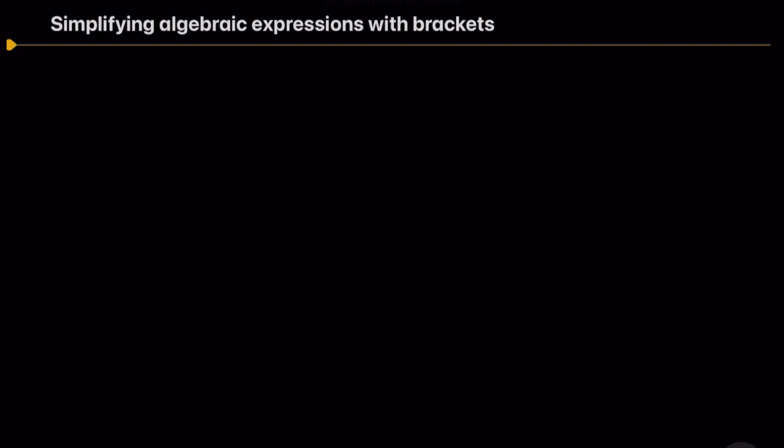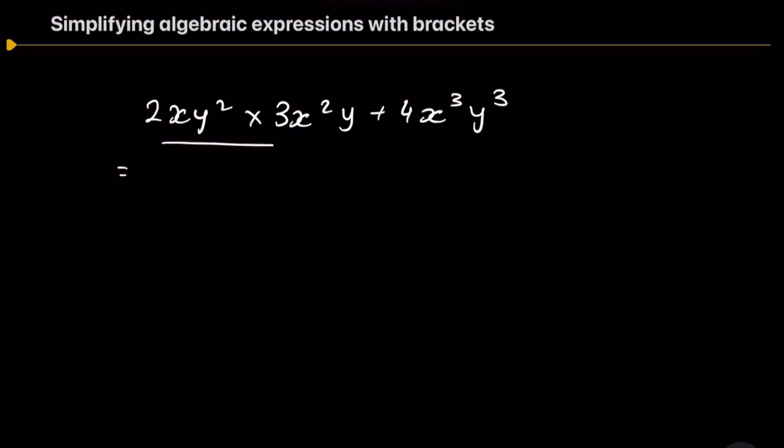Let's do a final example. So you have the expression 2xy square into 3x square y plus 4x cube y cube. First, you add the like powers in this expression. So you have x and x square. So when you add the powers, it will become x cube.